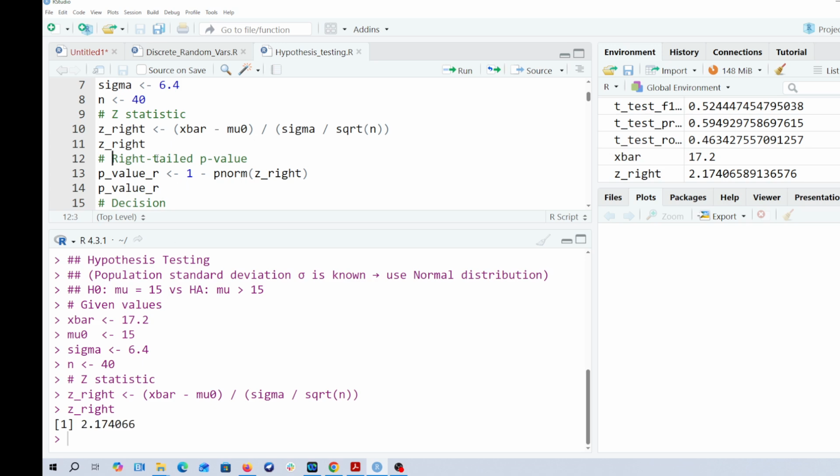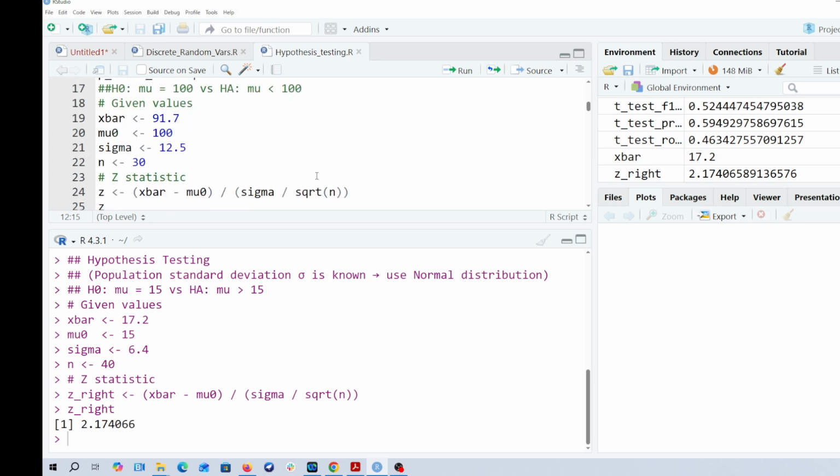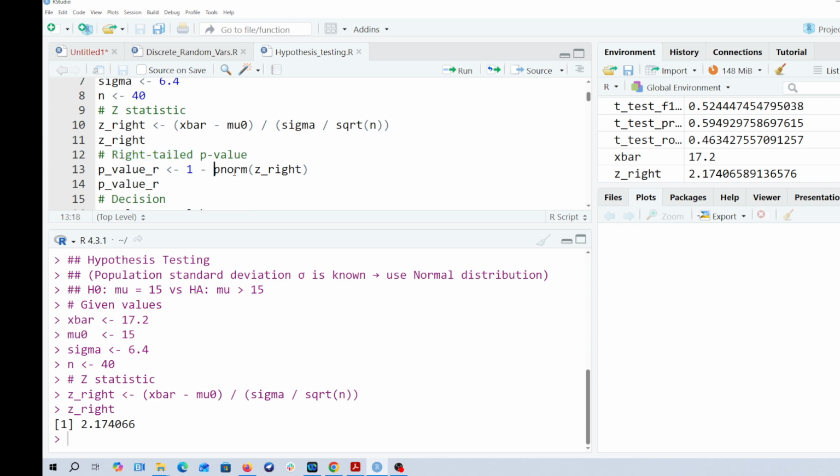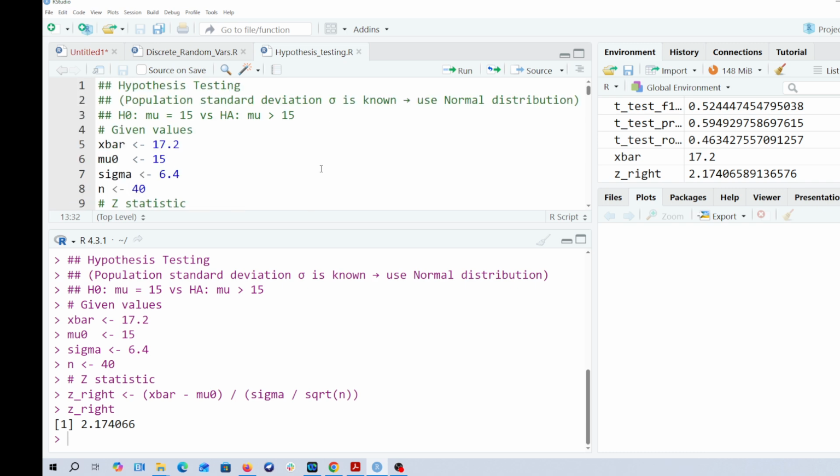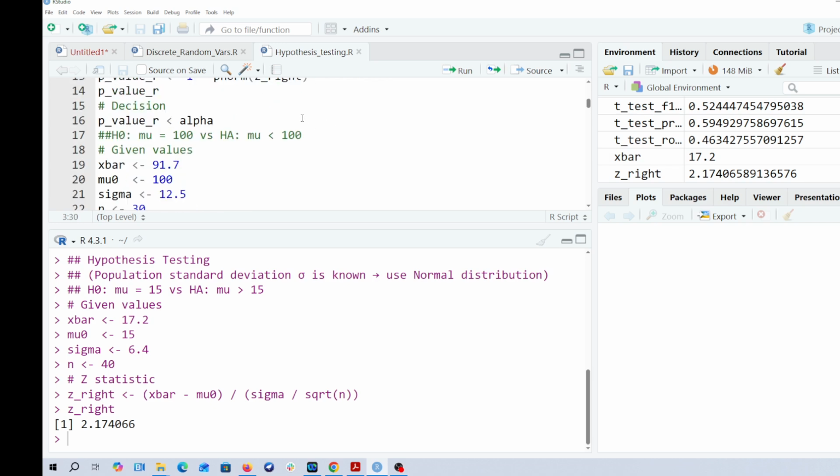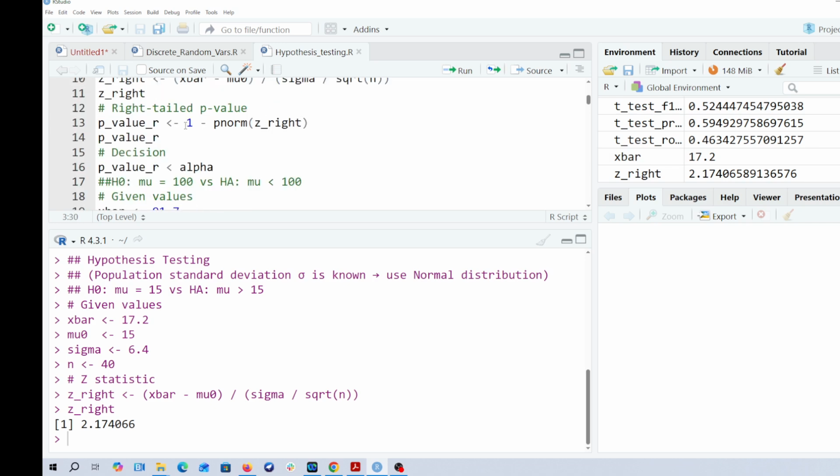Now, since we are dealing with the normal distribution, we already saw this pnorm in the previous video, which we use to calculate p-values for the normal distribution. Most of the time, if you look at the normal distribution, we are always interested in the area on the left.